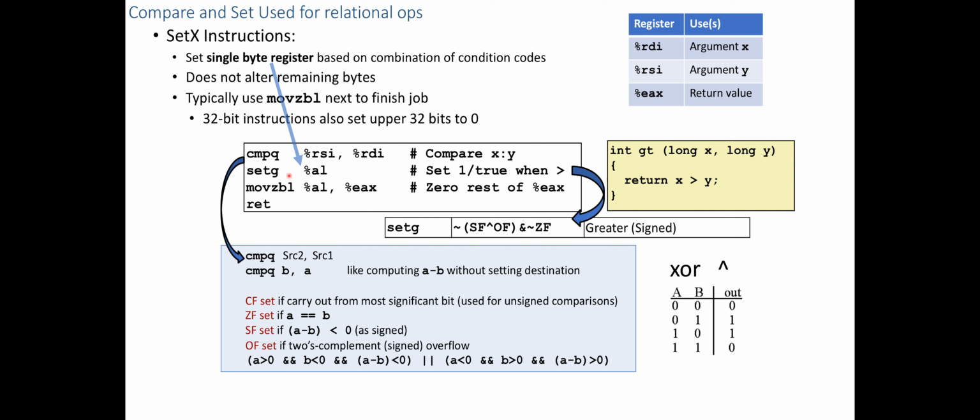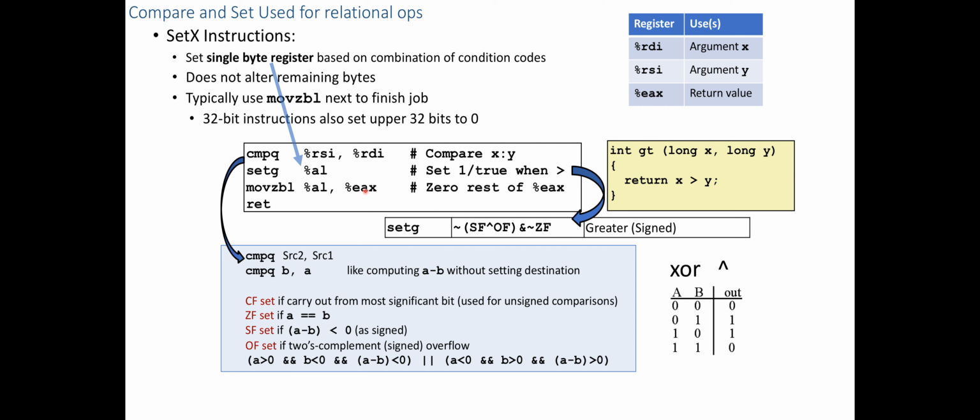And then the next thing we need to do is this AL is only that one least significant byte. So compare and set is almost always followed by this move ZBL that we saw last time. And that's so that we can zero out the upper 3 bytes of EAX, because this code is supposed to be returning an int here, and it's supposed to be returning whether X is greater than Y. So it's supposed to return a 1 or a 0.